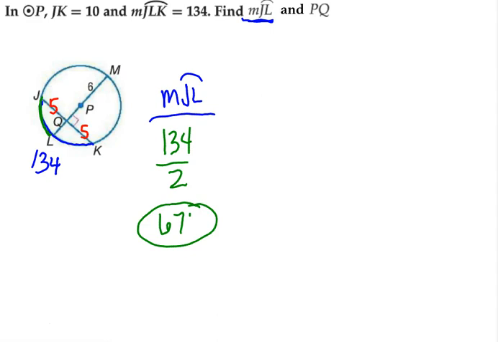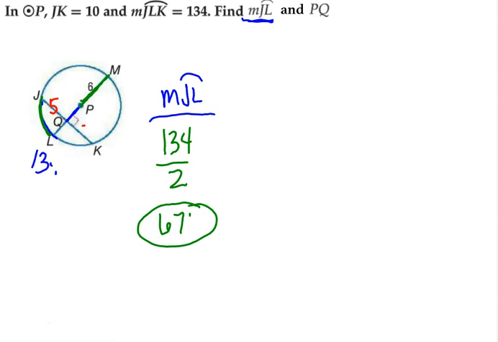Now PQ is a little more interesting to figure out, but it's kind of fun. So our end goal is to figure out what this little guy is. Well, I don't know what to do. It's kind of confusing. Just going to erase this a little bit. Okay. So we're randomly given that PM is 6.